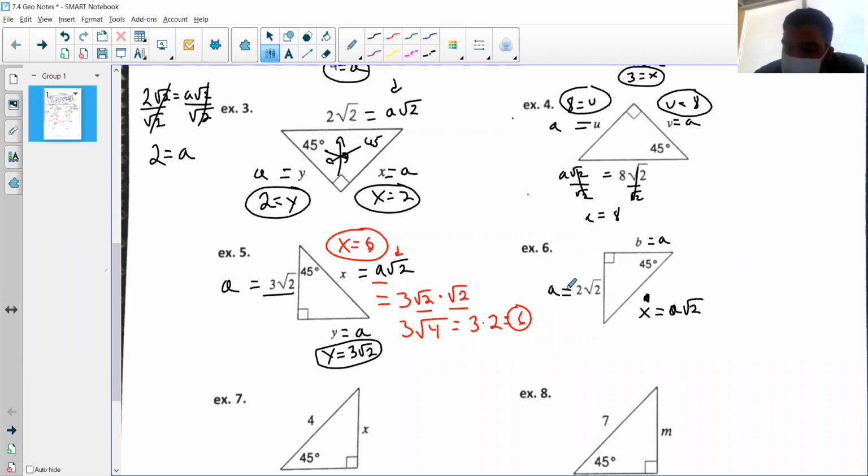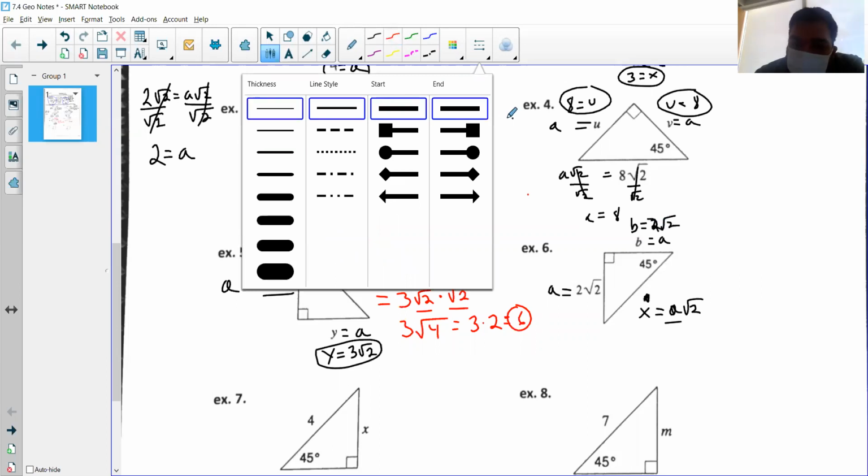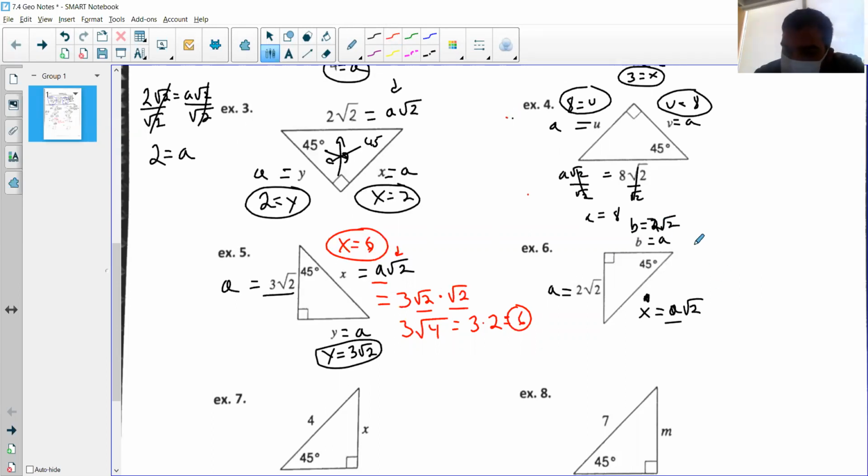Now, I already know A is 2 root 2, which makes B 2 root 2. Now I need to find this, but I know A equals 2 root 2, so I'm going to substitute that there. So it's going to be 2 root 2 times root 2.